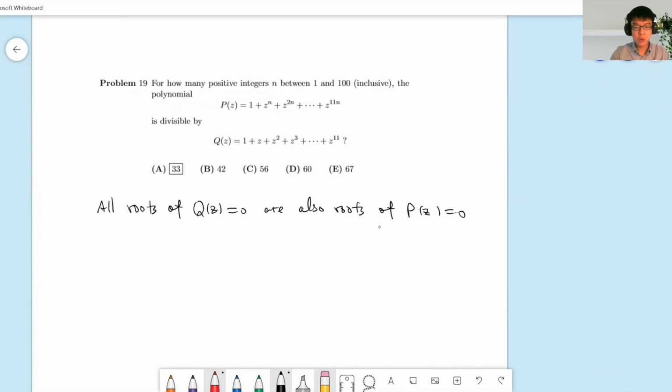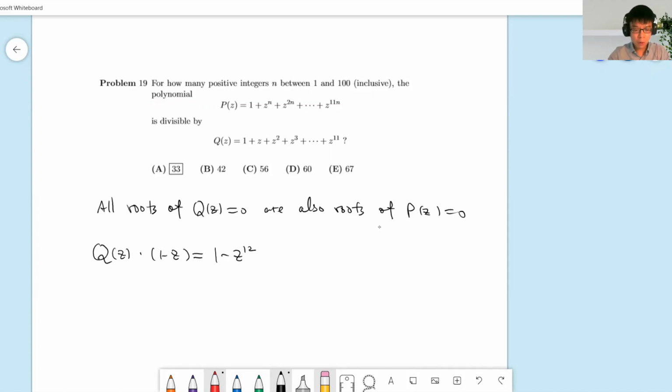That's what it means. So let's investigate their roots. If you look at q, we see that q(z) times (1 minus z) is basically 1 minus z to the 12th power.